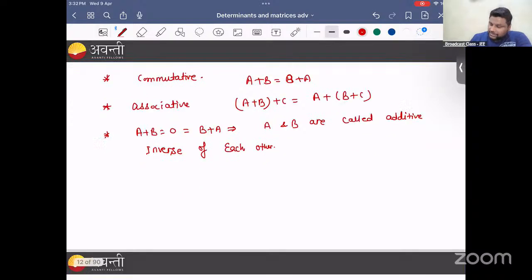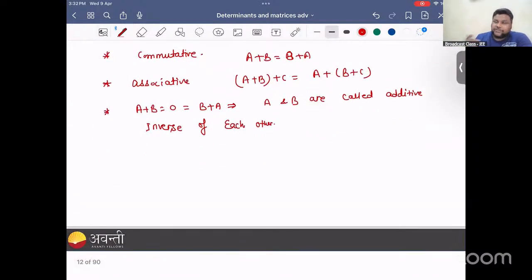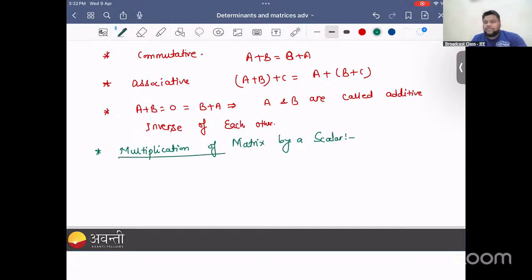Let's move forward. One more last thing we'll do before we proceed with a few questions over it. That is multiplication of a matrix by a scalar. Now a scalar is nothing but a number like 2, 3, 5.